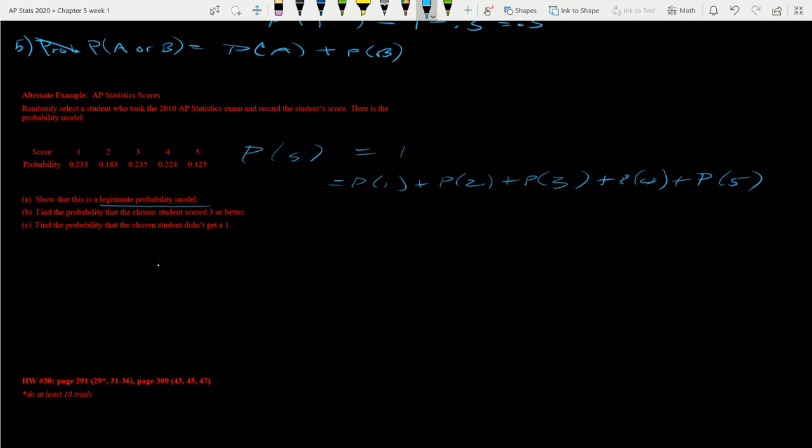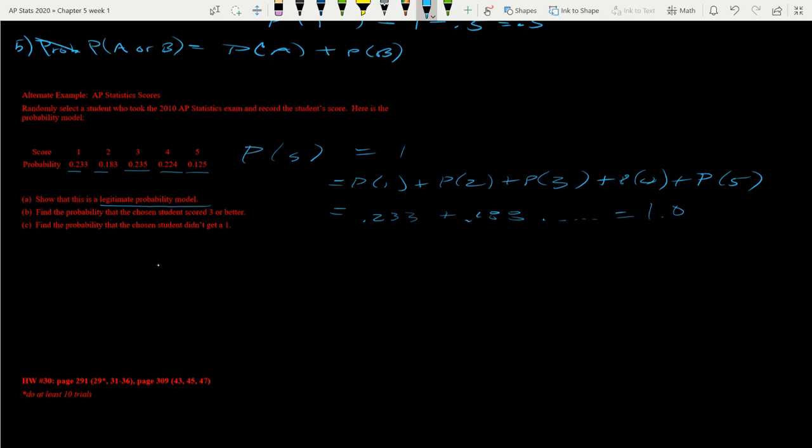If we add those probabilities up, we're going to get 0.233 plus 0.183. I'm getting those numbers from right here. If we add all these up, we're going to get pretty close to 1.0, which means it's a legitimate probability model. It explains all the outcomes, and it has their probabilities with them. And the sample space probability is equal to 1.0.